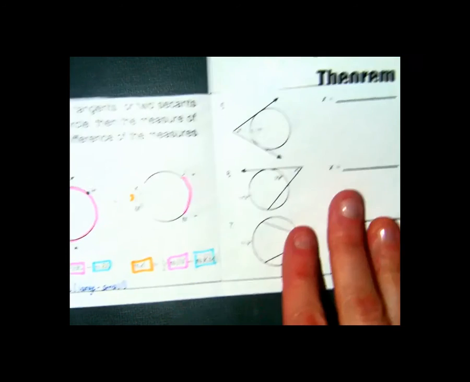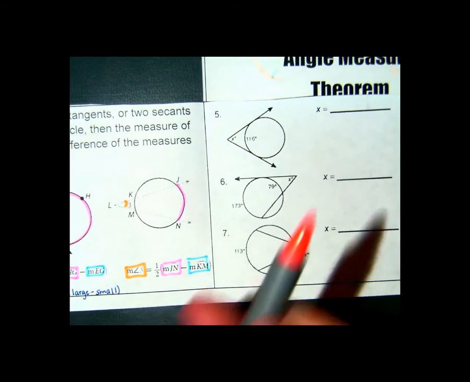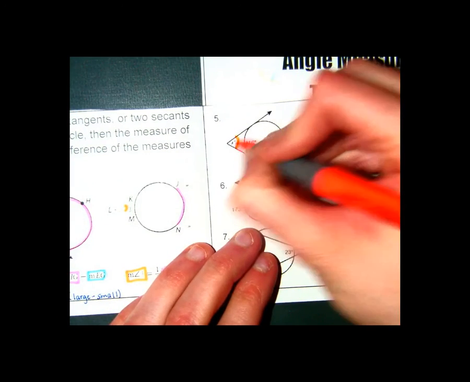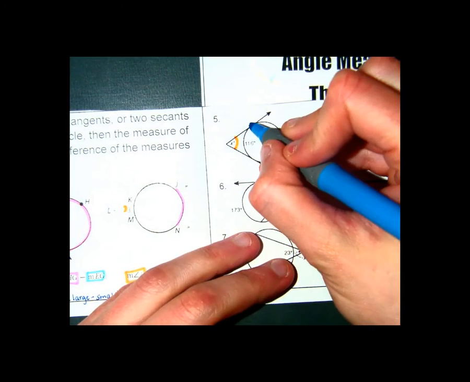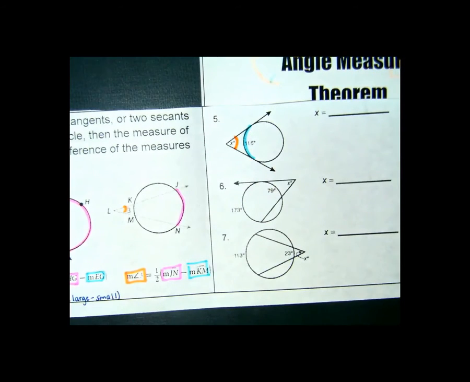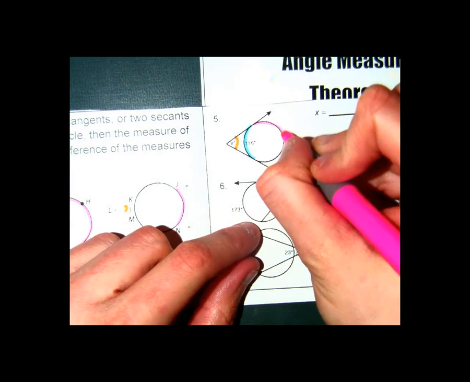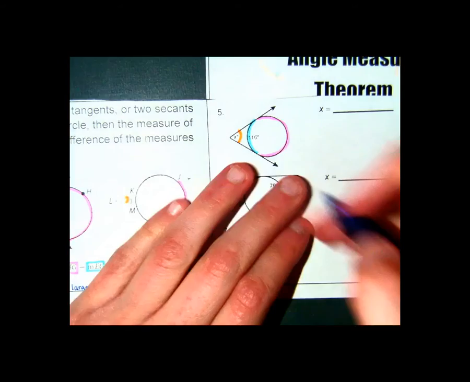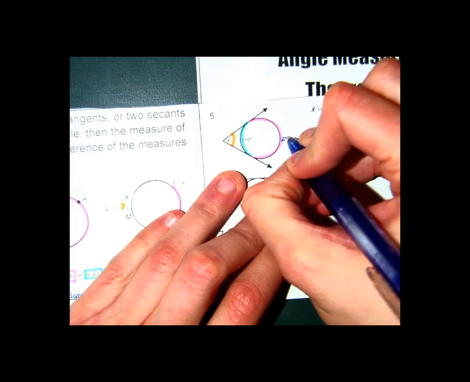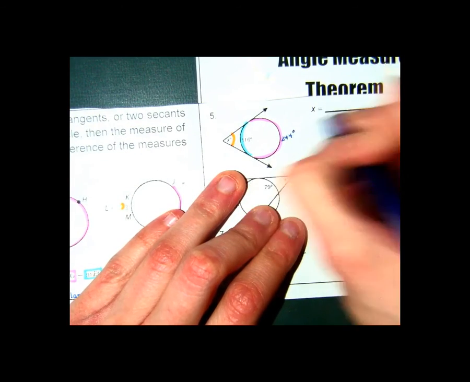Okay. So, I need to find x. I know the smaller arc. I don't know the larger arc, but how am I going to be able to find it? What is 360 minus 116? Make sure I wrote that right.